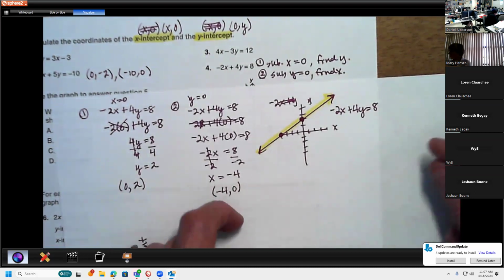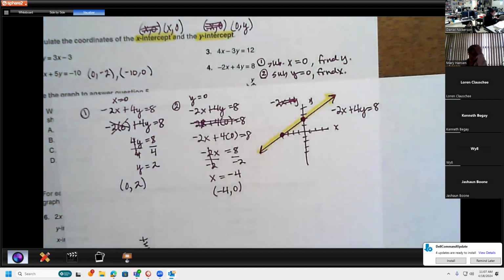Okay, so the direction we're headed is we're wanting to be able to take an equation, graph the line. We're wanting to be able eventually to take the line and write the equation. So we're going to do these problems, what I guess you could say forwards and then backwards.